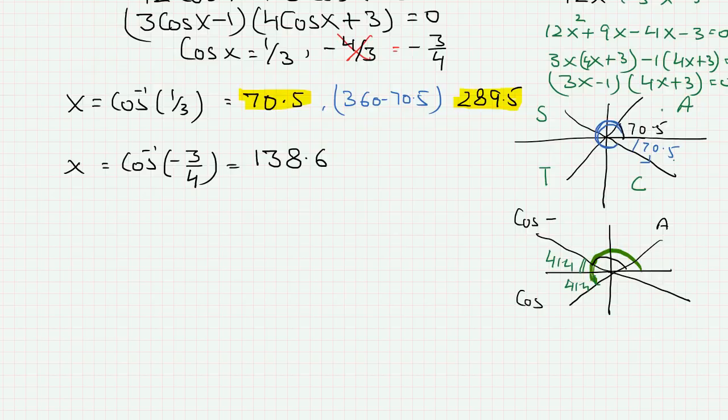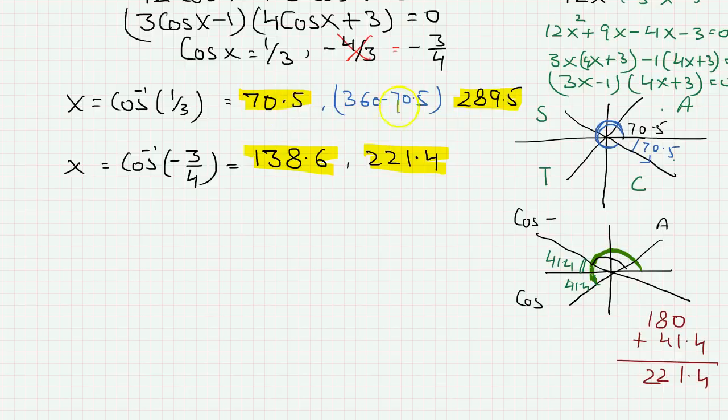So that angle will be 180 plus 41.4. So it will be 221.4. So we have four answers. 1, 2, 3, 4. So these are the angles.